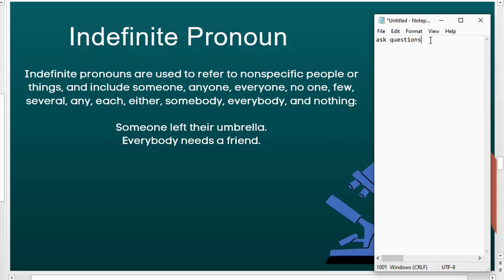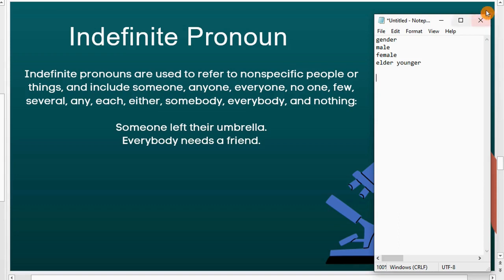Here, in indefinite pronouns, we don't know about gender. That person is male, female, elder, younger. We don't know, but we talk about someone, everybody, any, each, other.